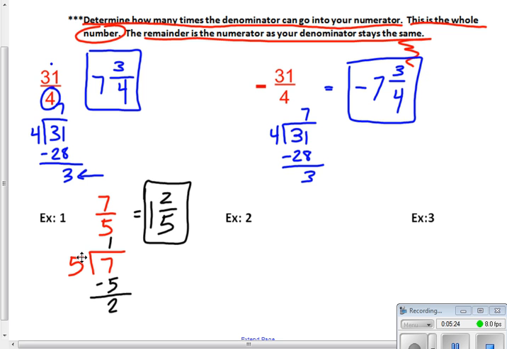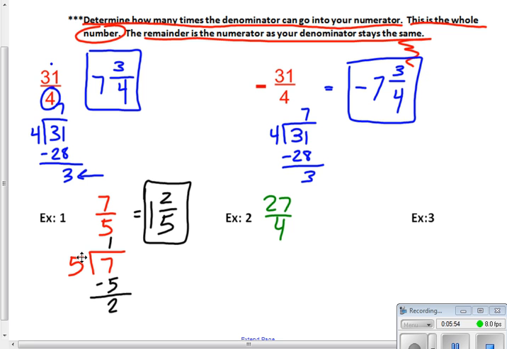Next example, we'll go with 27/4. Again, set it up. How many times does 4 go into 27? Let's say you said 5. Well, you know that 4 times 5 is 20, and it has a remainder of 7. Well, 4 can go into a 7 another time, so therefore you know that 5 here is not correct.